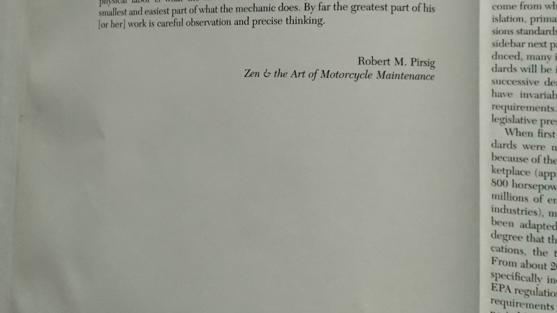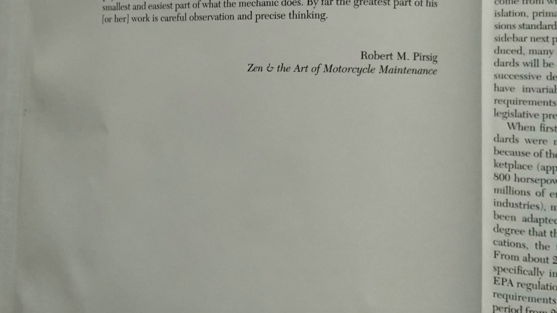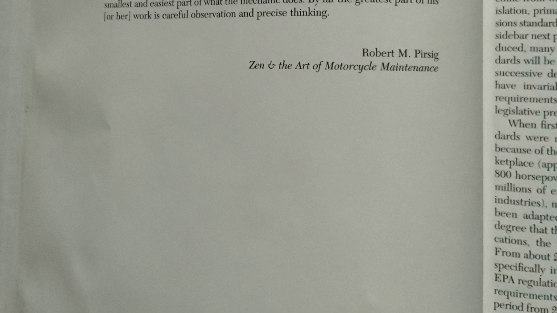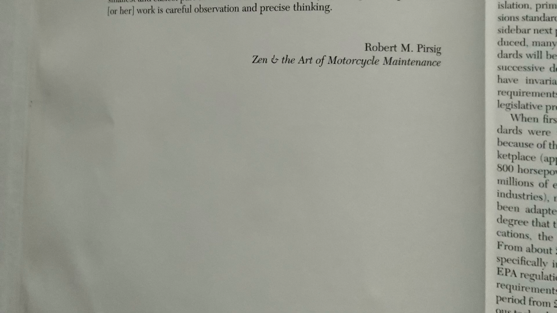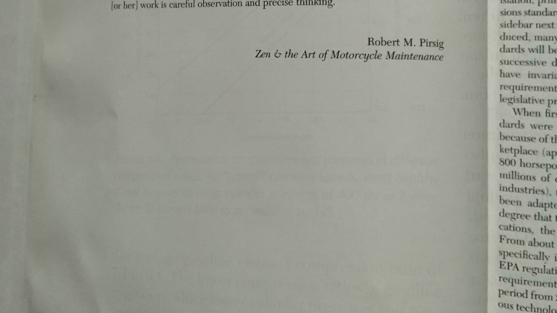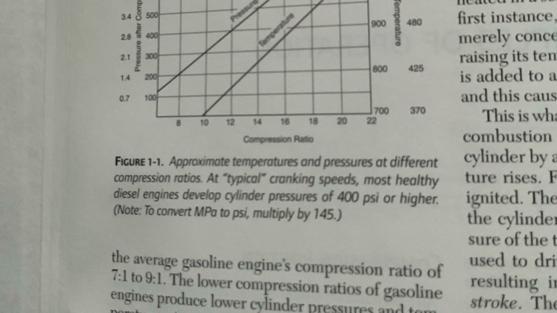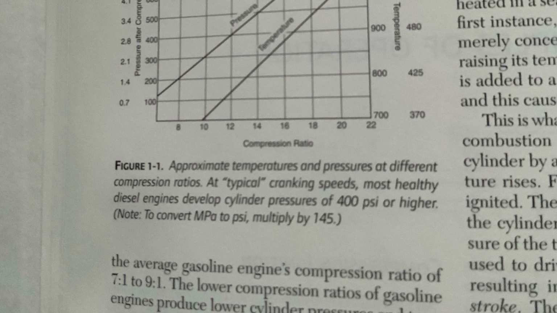A diesel, on the other hand, has the fuel injected after the air has been compressed. Increasing the compression ratio for a gasoline engine would raise its compression temperature beyond the ignition point of gasoline, which would lead to a premature combustion of the fuel-air mixture. This would rapidly wreck the engine.